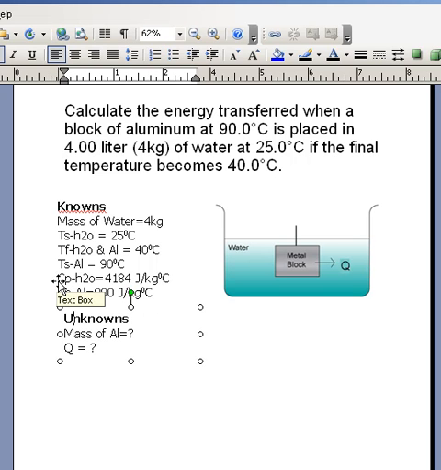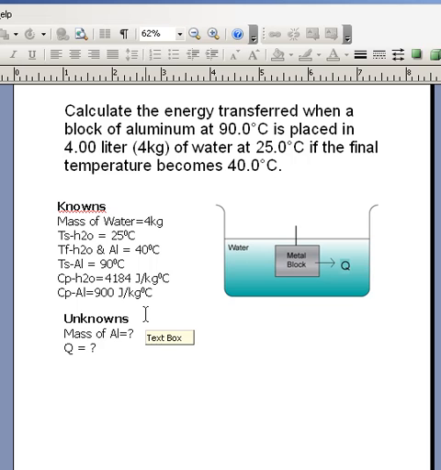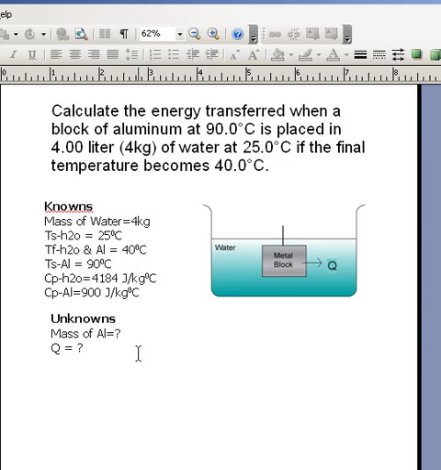The specific heat is something that we're given. So we're saying 4,184 joules per kilogram times Celsius degree for the water, and we're saying 900 joules per kilogram Celsius degree for the aluminum. These are the knowns that we've gotten off of tables and found on the internet, and we know these are the accurate values.